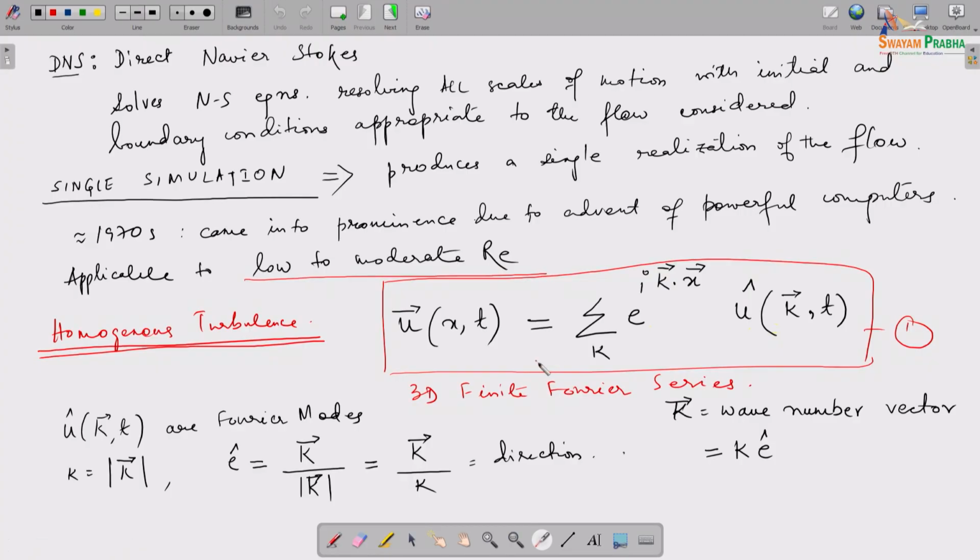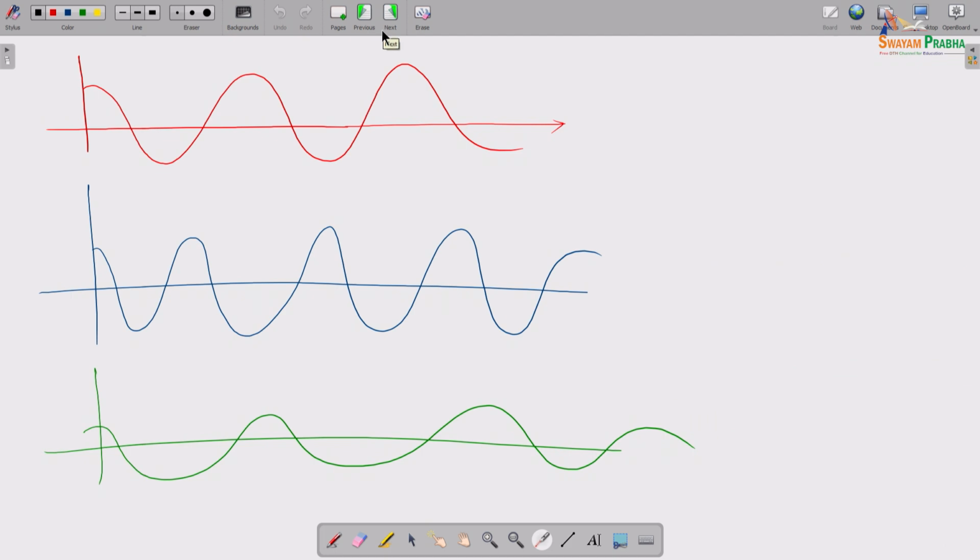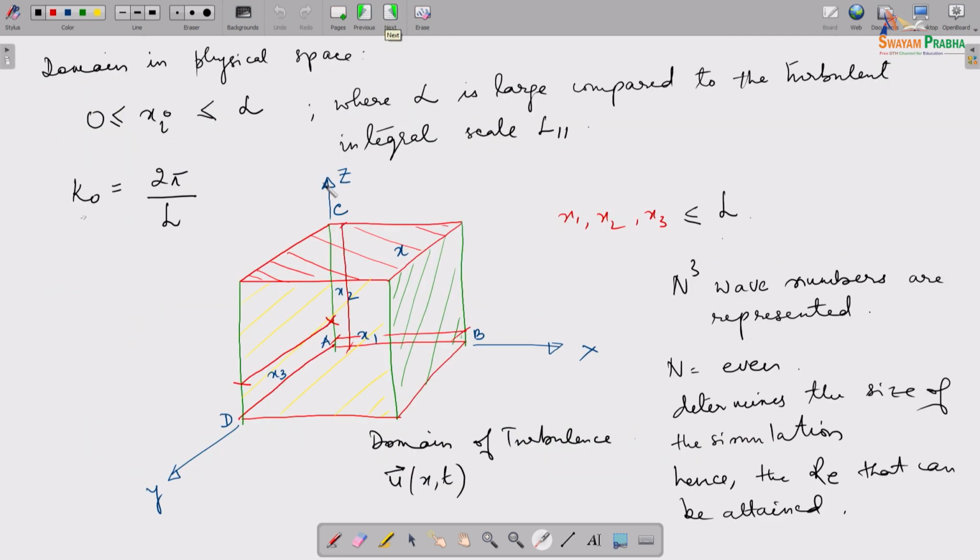So this is the representation of the velocity, right? And we see that it is represented as a Fourier series. Essentially, there are several modes of movement, and we put them together. Once I do that, I get a representation of the velocity. Where do I do that? This is the domain, right?